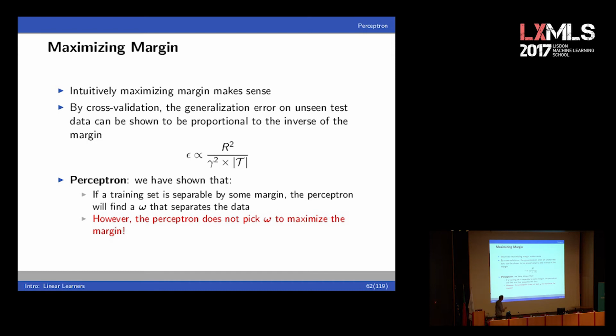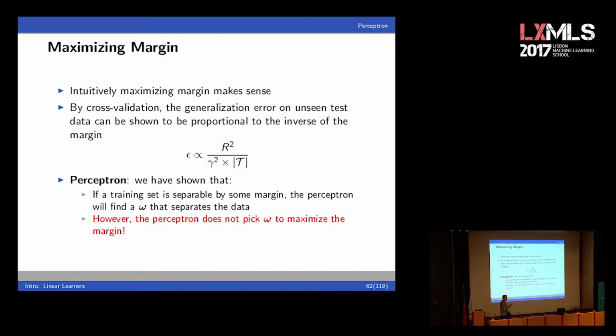So the perceptron does not take care of maximizing the margin at all. What it does is it learns, and we can show that the error of the perceptron is bounded by R squared divided by gamma squared.